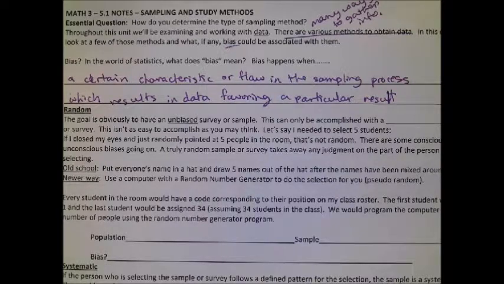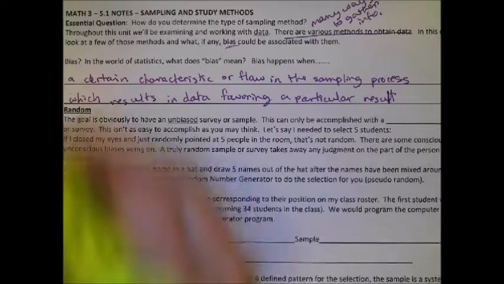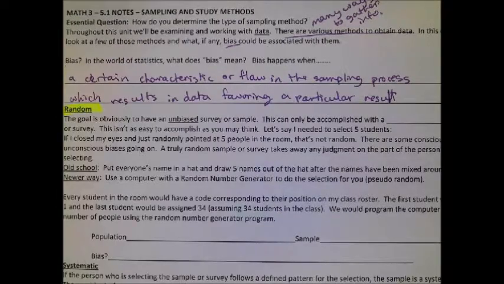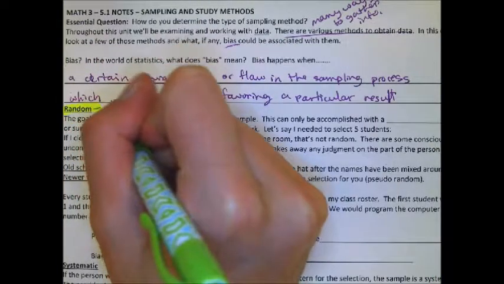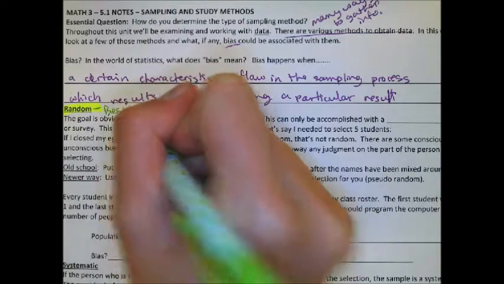Let's go ahead and look at one of our first ways to gather information. The first one is a random sample. So we're going to randomly select a group of people or whatever we're going to look at. And this is the best.